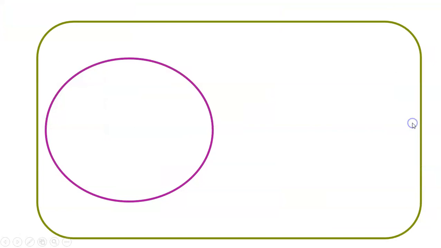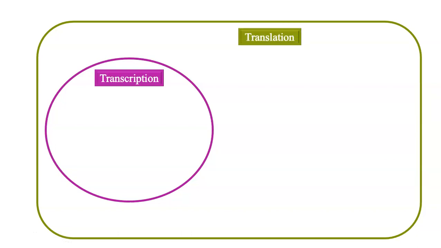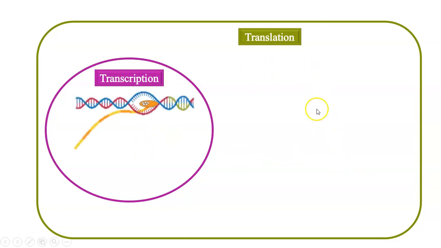If we study this process in a gist, then we realize that the entire process occurs in two steps, transcription and translation. Transcription is in the nucleus, translation in the cytoplasm on the ribosome. In transcription, single-stranded RNA is formed from DNA.